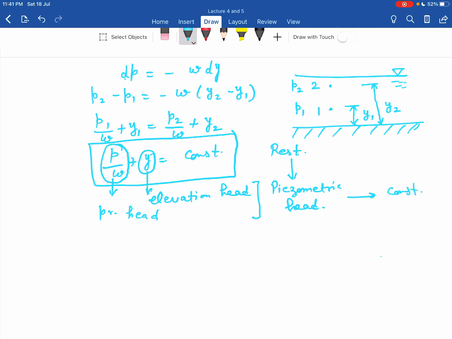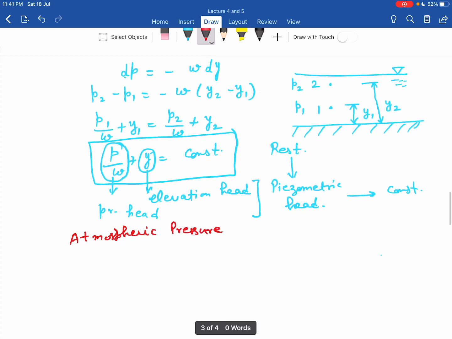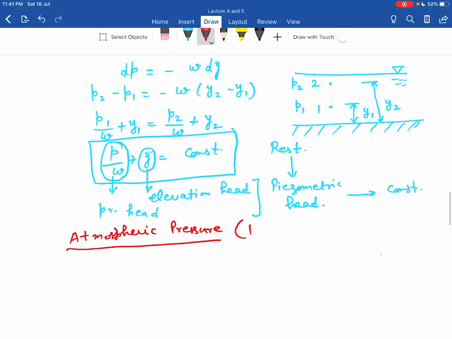Okay. So next we see different types of pressures. The first type of pressure we have is the atmospheric pressure. The symbol is P atmospheric.